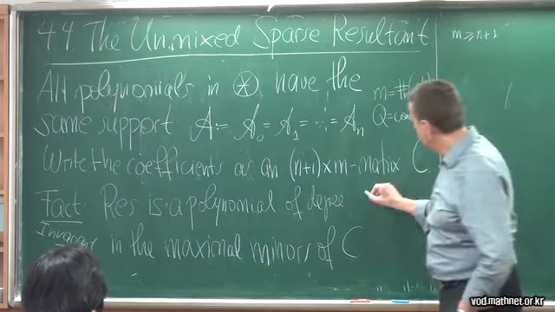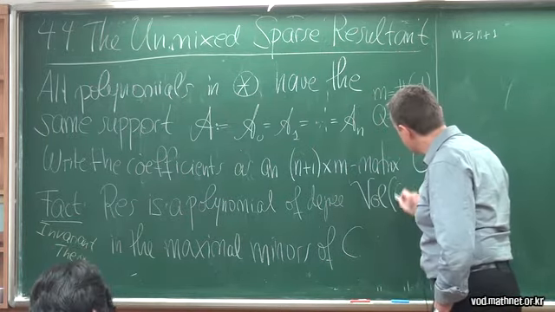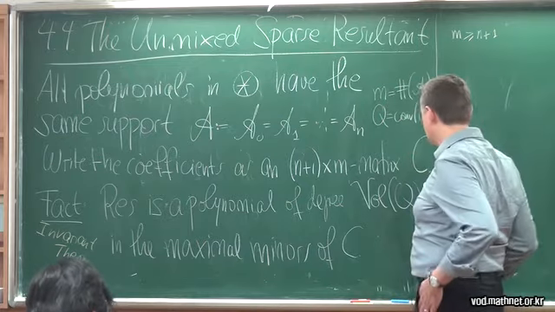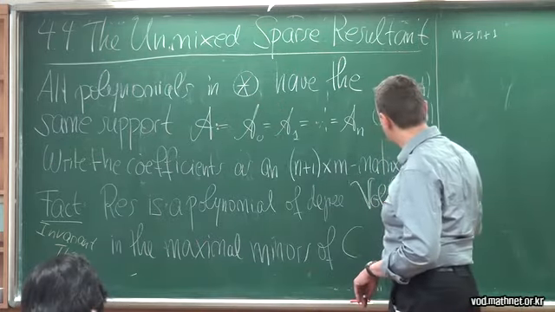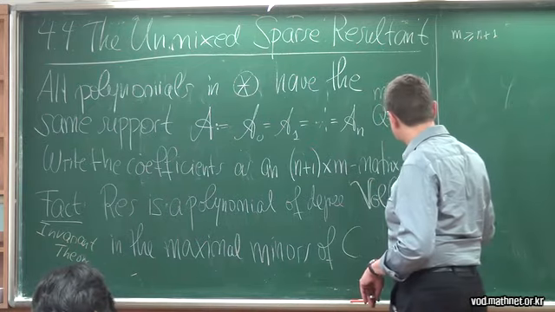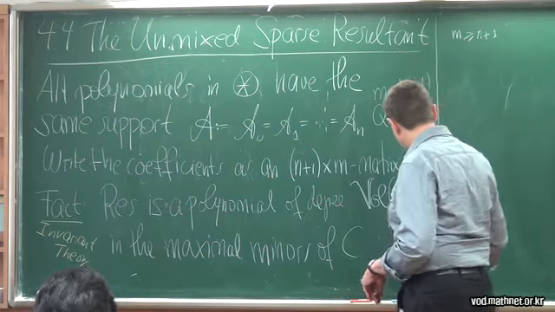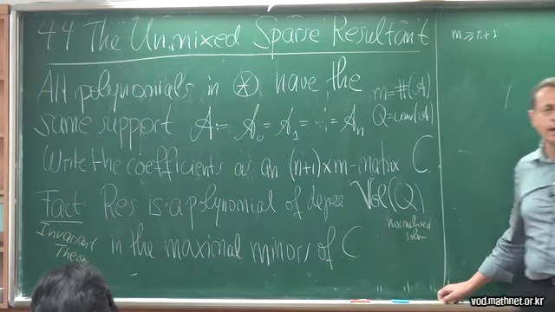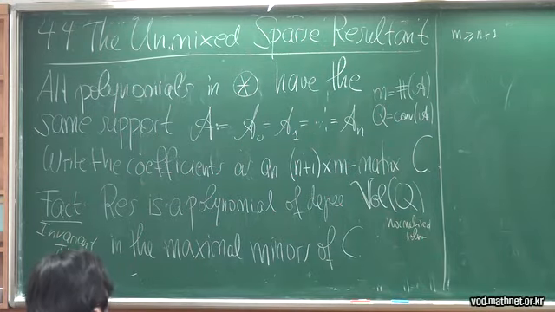And that number is sometimes called the normalized volume. I'm going to use capital V for the normalized volume. So the normalized volume is simply n plus 1 times the usual volume. I'm sorry, it's n factorial.